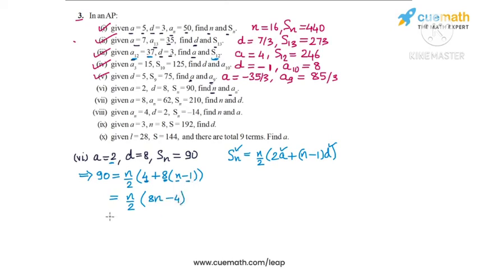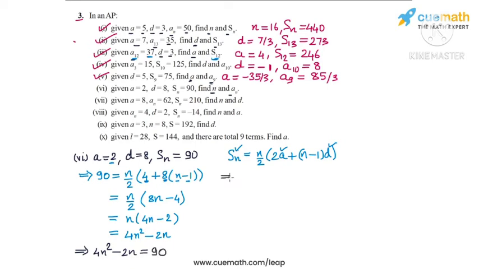So this is what I get on the RHS, and if I divide this bracket by 2, I get n into 4n minus 2. Now let me multiply the expressions on the right side. So we get 4n square minus 2n. So the equation I get is 4n square minus 2n is equal to 90, and we still have a common factor of 2 on both sides.